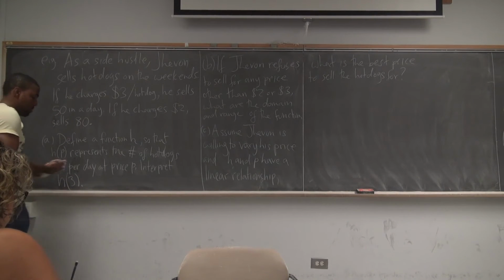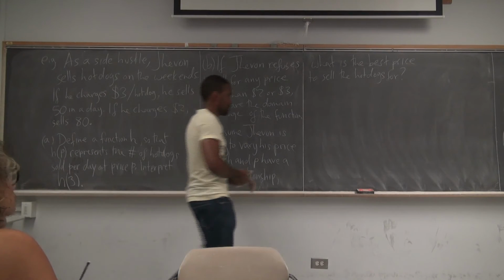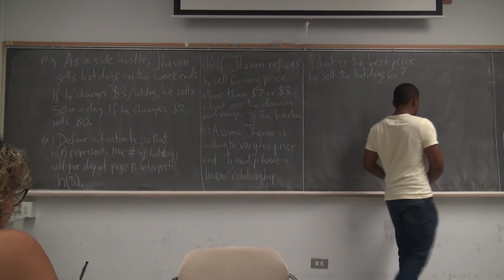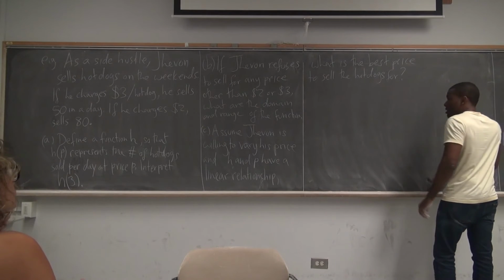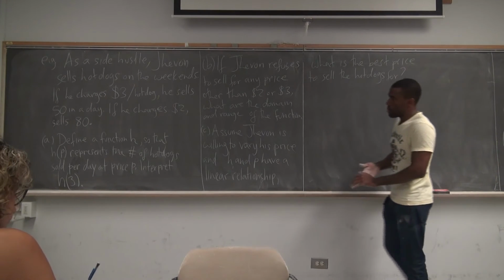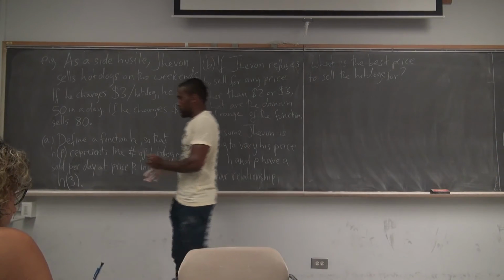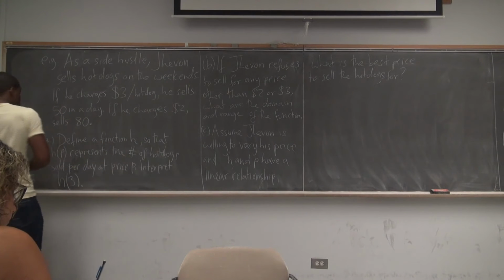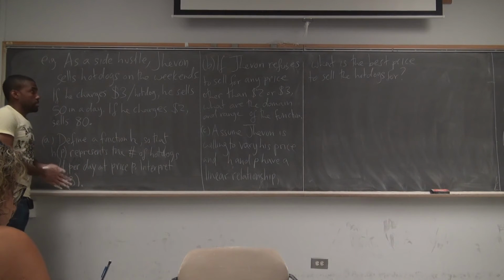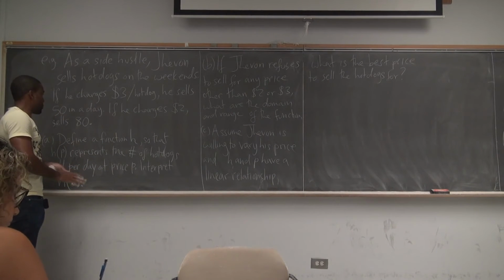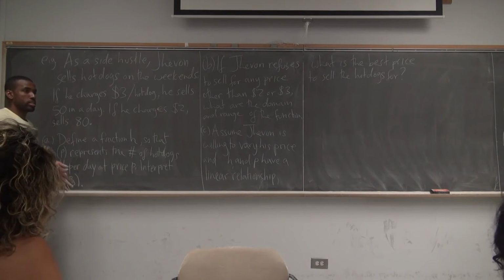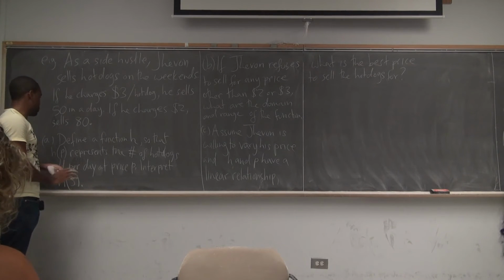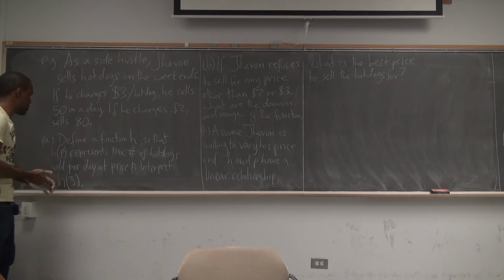So here's a problem. Somewhat of an economic problem. Okay, so here's the situation. You got someone selling hot dogs. They sell $3 per hot dog, they sell 50 in a day. They charge $2, they sell 80 in a day. So they've been selling for a few days, and those are the average numbers.